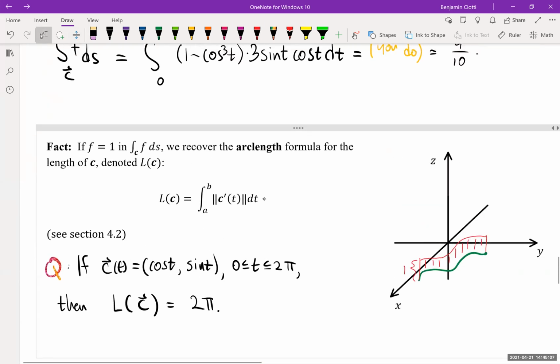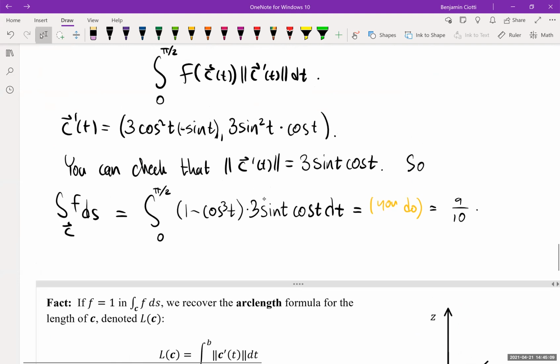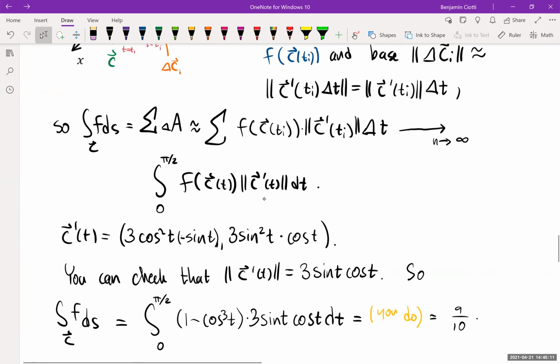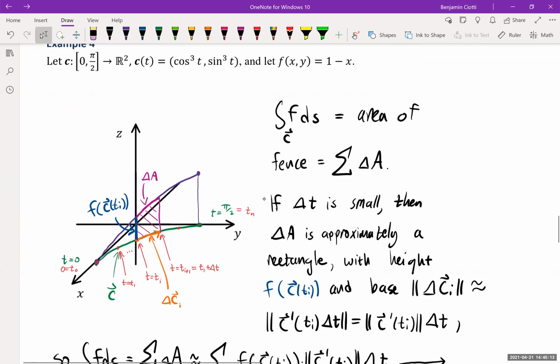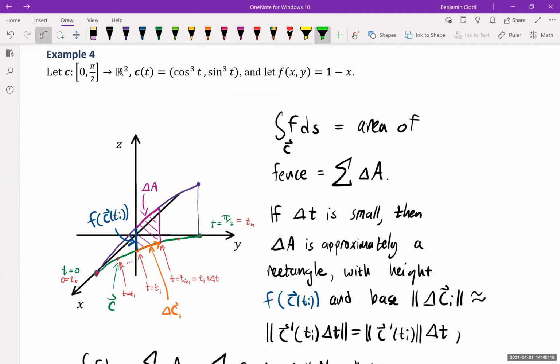In example 4, remember we were asking for the integral, which is to say the area of this fence. This was the graph of f. Let's find the average of f over this curve.